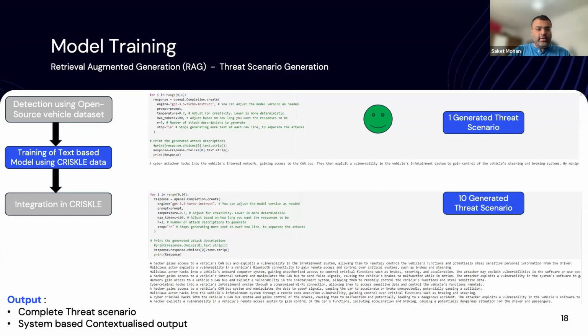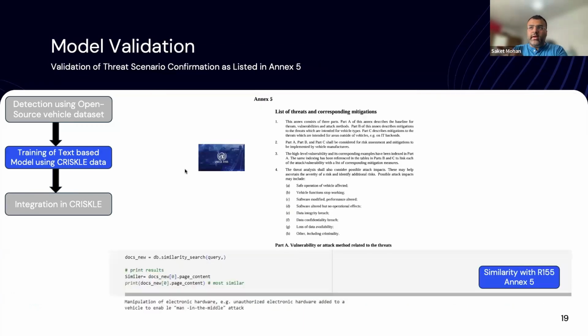Now this is quite an encouraging study, which meant that if using this technology, RAG generation plus the BERT sequence, to understand attack detection patterns on CAN logs, can derive meaningful threat scenarios, we could then validate this model against UNR155. So we undertook a task of model validation, because the training was done and scenarios were generated.